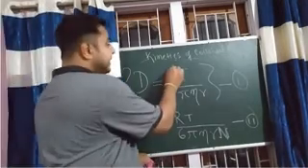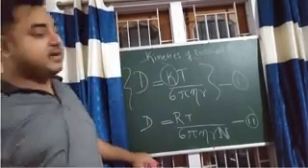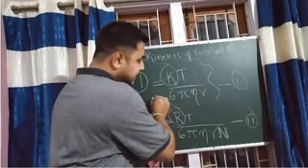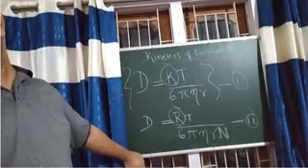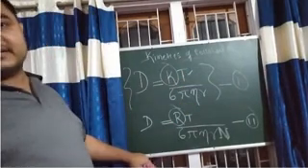Here K is the Boltzmann constant, a constant. R is the molar gas constant, which we all know. T is the absolute temperature.